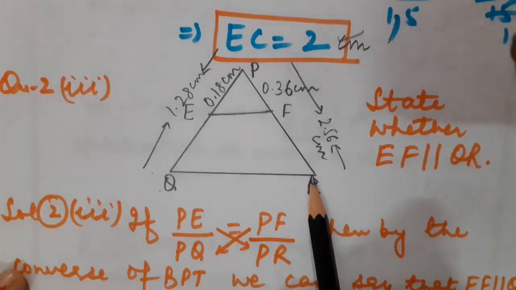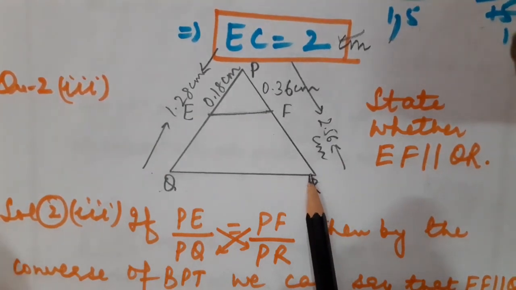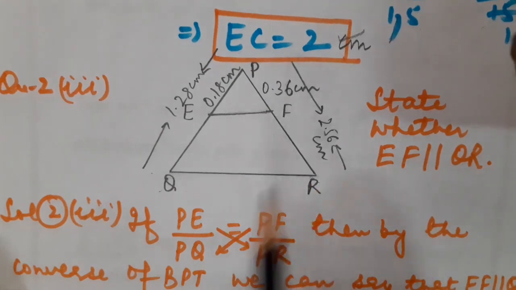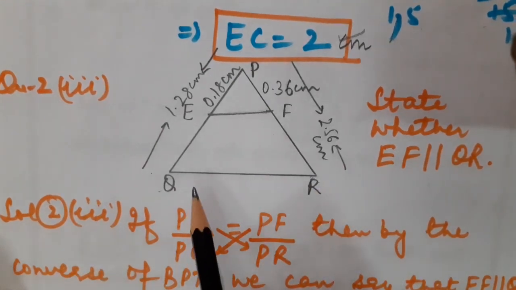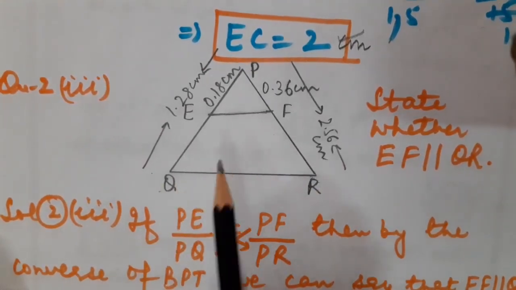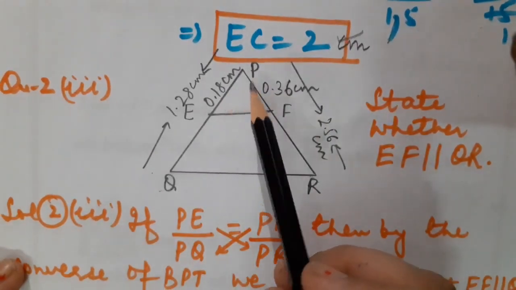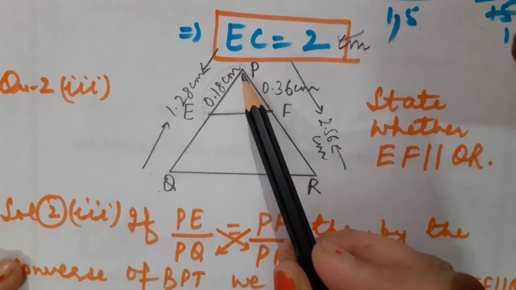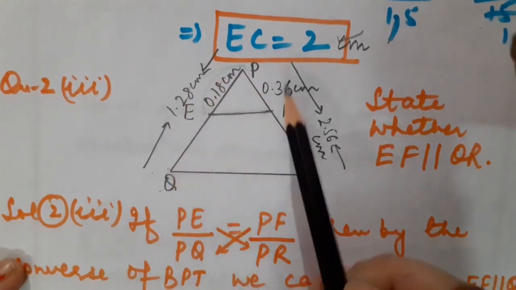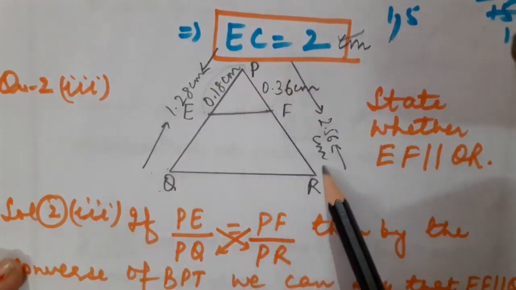Correct. It was the case of the converse of BPT. So if we are capable to apply BPT, means if we just check the ratio of either PE upon PQ is equal to PF upon PR.